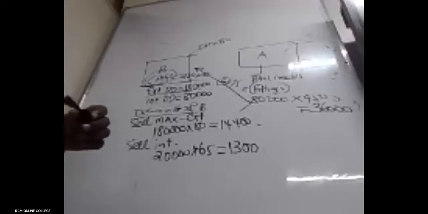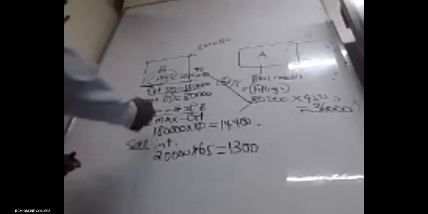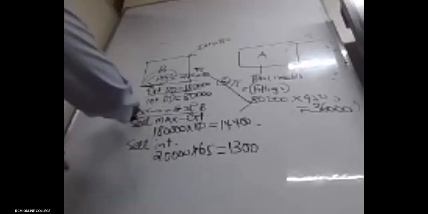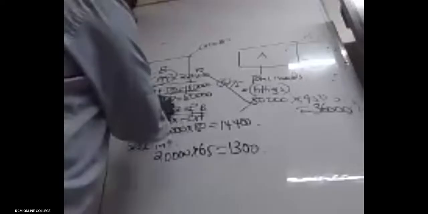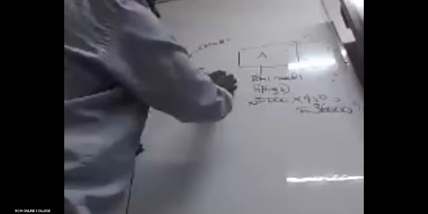So now we come here to write the profit statements. That's it. So profit statements. So we have here B, we have A, we have total company or whole company.